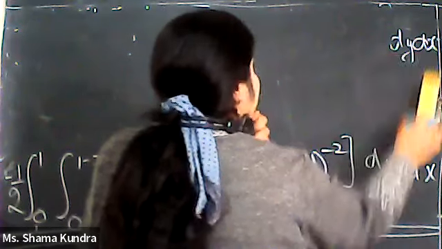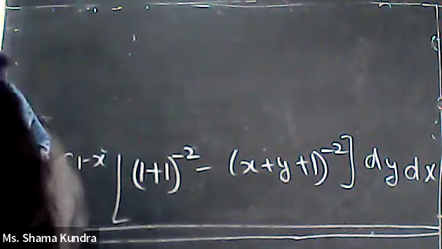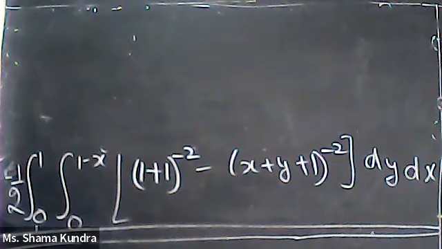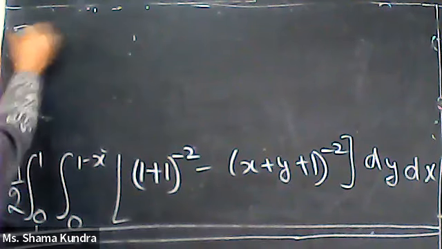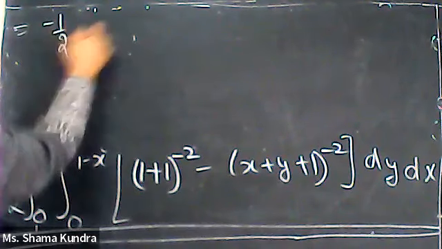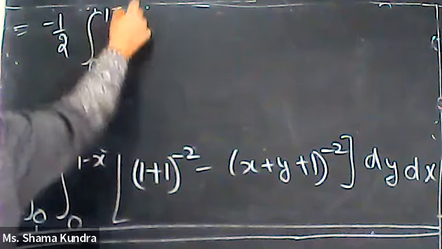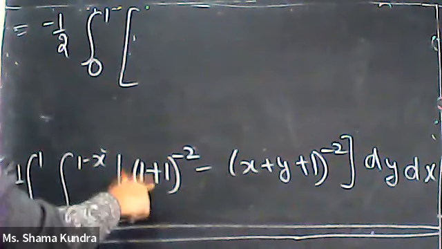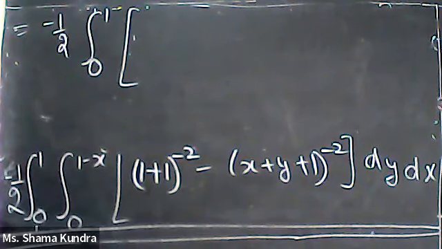Now we integrate with respect to y. What will I get when I integrate with respect to y? Minus 1 by 2 outside. Now this 1 plus 1 is 2.